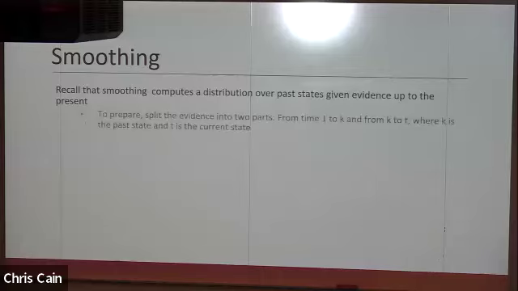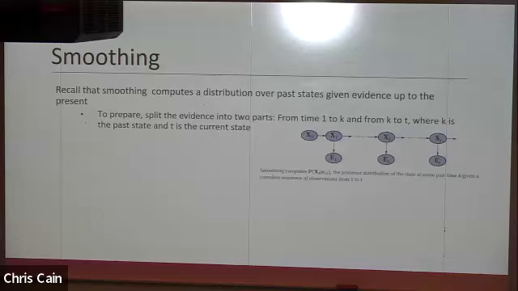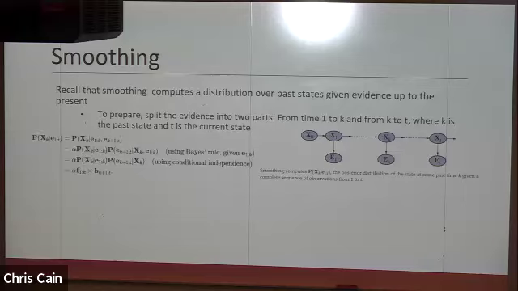collected evidence for. So we're going to split the evidence into 2 parts, from time 1 to k, which was used for that prediction, and from time k to t, where k is the past state, t is the current state, and we can now split this into those chunks. So again, a way to calculate this based on this, we end up with an f and a b from 1 to k, and from k plus 1 to t.